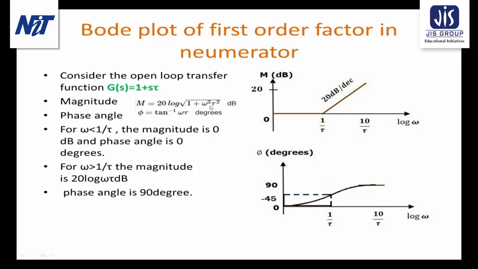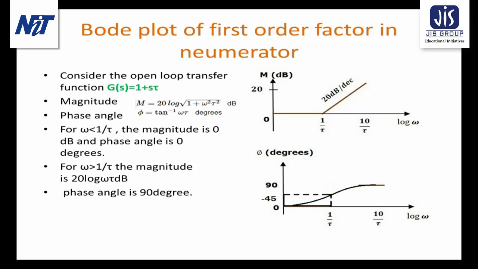So it becomes 20 log ωτ, and when ωτ is equal to 1, it becomes 0 dB. But when ωτ is 10, that means ω equal to 10 divided by τ, the magnitude becomes 20 dB. So the slope will be 20 dB per decade.